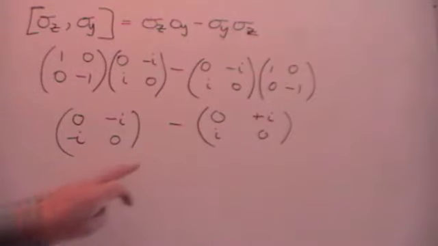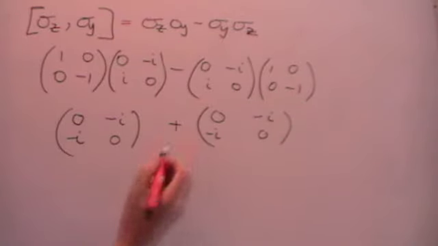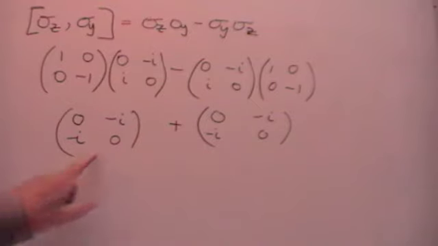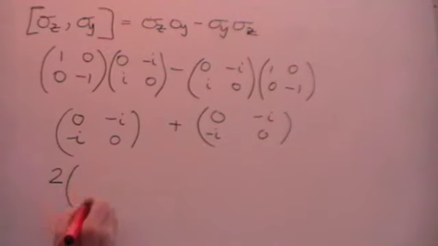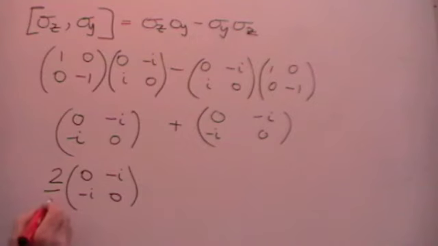These two are not the same, but again, if I simply change signs inside and outside, I change the plus to a minus, I change the plus to a minus, and then outside I change the minus to a plus, you'll notice that I've now got two that are the same. So this is 2 times 0, minus i, 0. If I multiply by i inside and divide outside, so outside I divide by i, and inside I multiply by i, minus i squared is just plus 1.